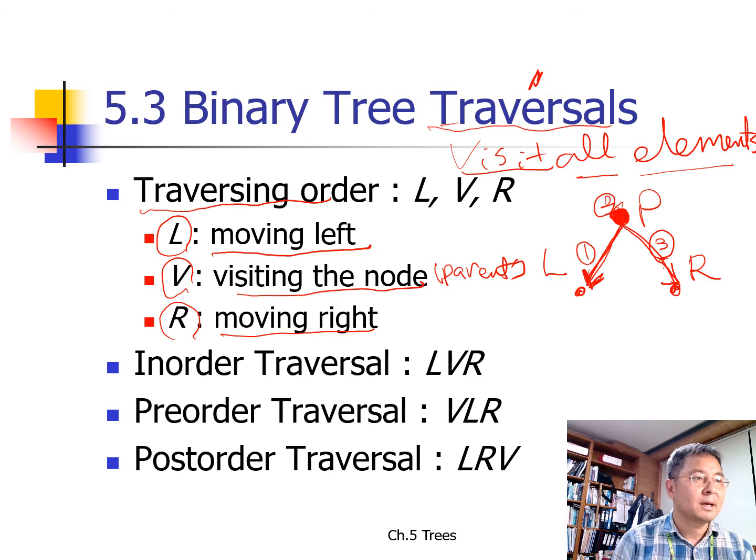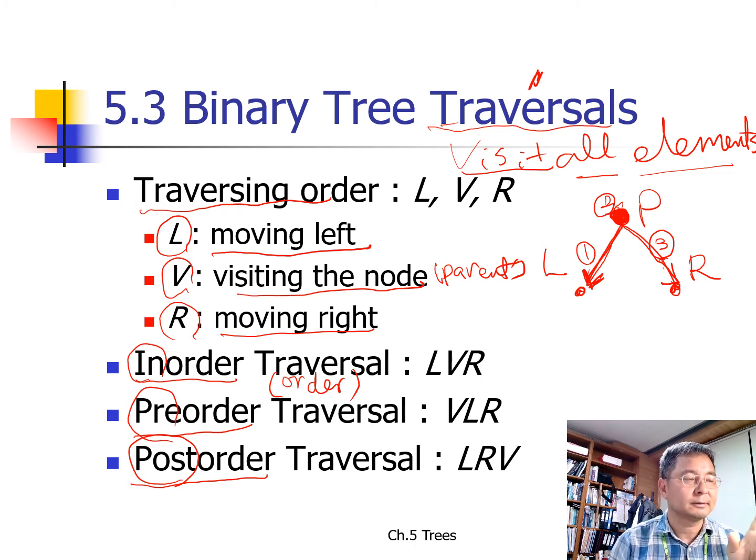So we can represent the order of a traversal, and among them there are three types: in-order traversal, pre-order traversal, and post-order traversal. So this in, pre, post means the location of V.